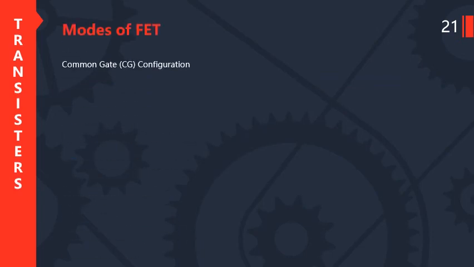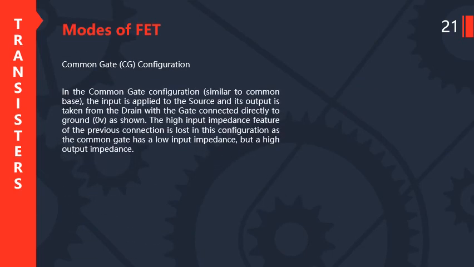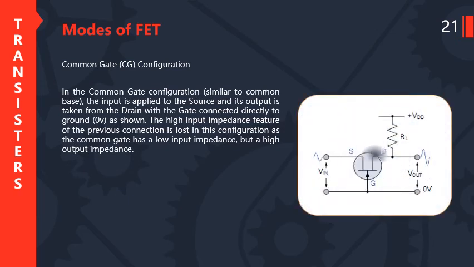Second is common gate configuration. This is the diagram of common gate configuration. The input is applied to the source and its output is taken from the drain, with the gate connected directly to ground, 0 volt, as shown in the figure.